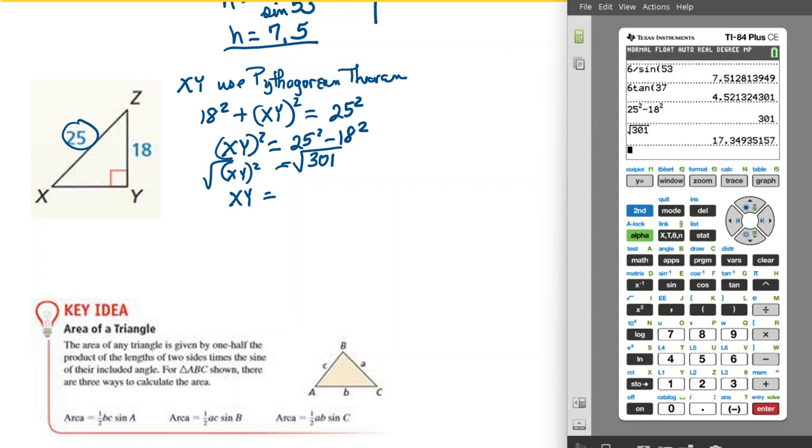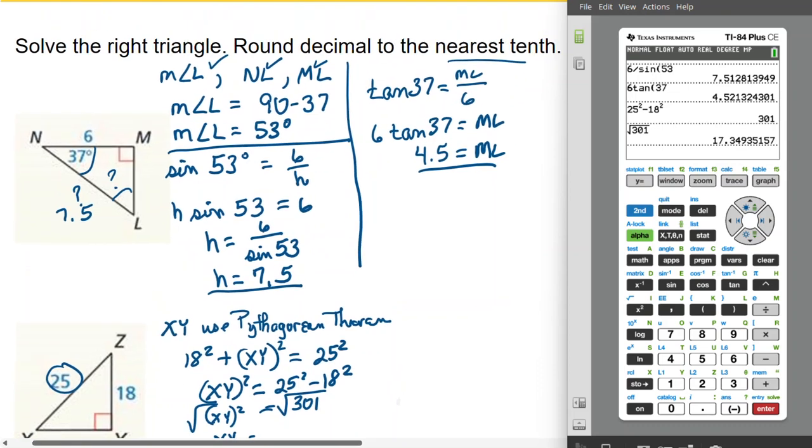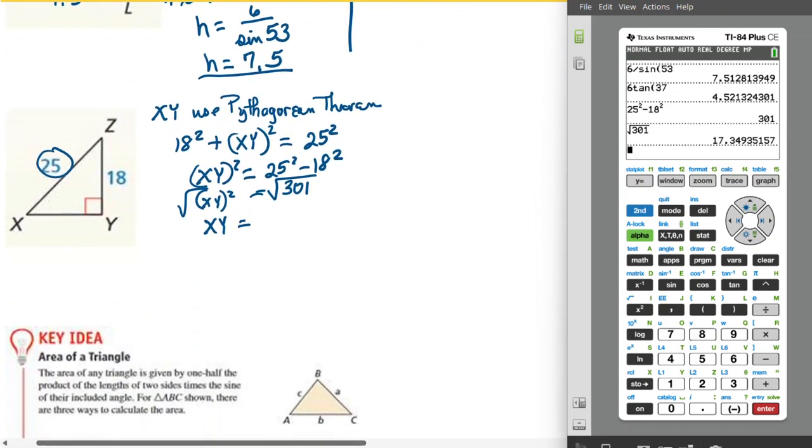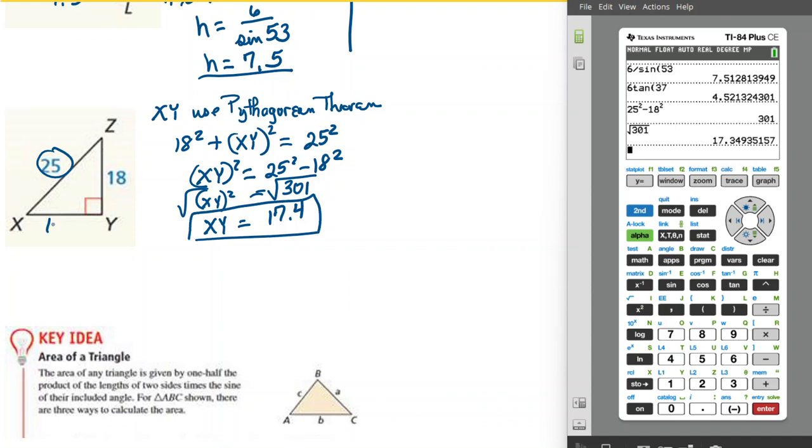17, and we said, I think it said tenths, right? Yeah. So 1 decimal. And that'll make it 17 and 4/10. So that gave us our side. Okay. Now they want our angles, right?